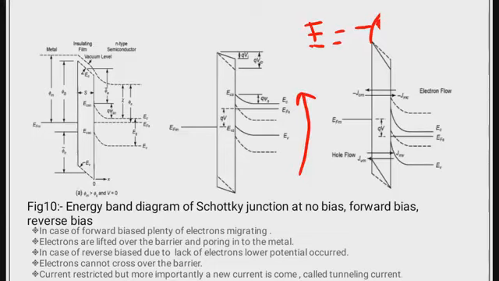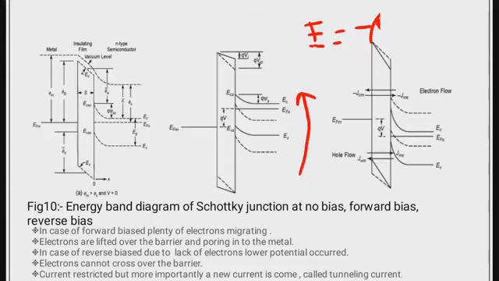Assume for the particular electrons of the metal there is a vacant state. Suppose there is a vacant state or permissible energy state, but there is no allowed state over here.